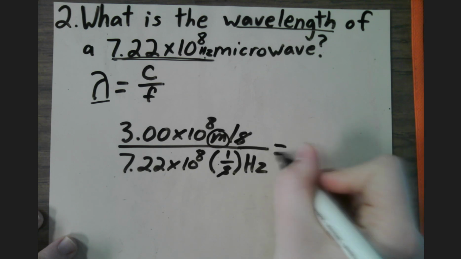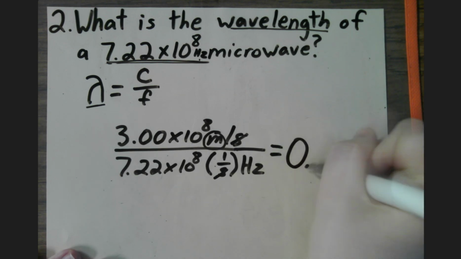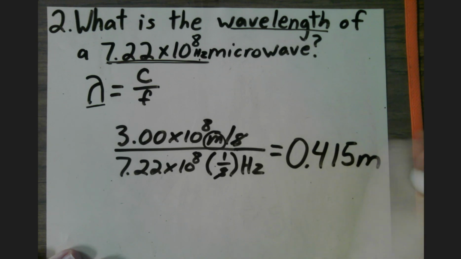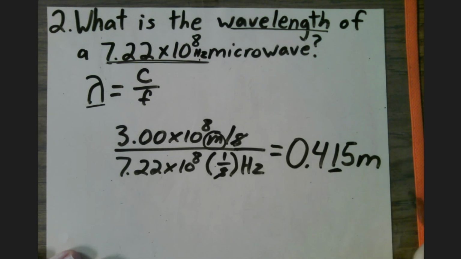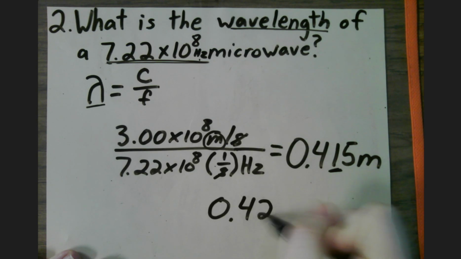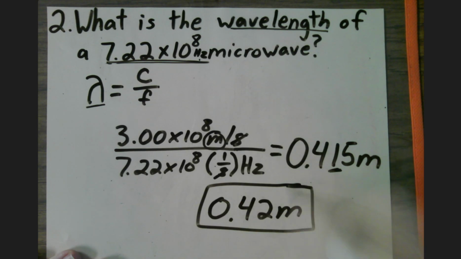Okay? After you work that out, you are going to get 0.415 meters. But then again, we're going to round to our nearest hundredth. So we'll get 0.42 meters. Let's do another problem.